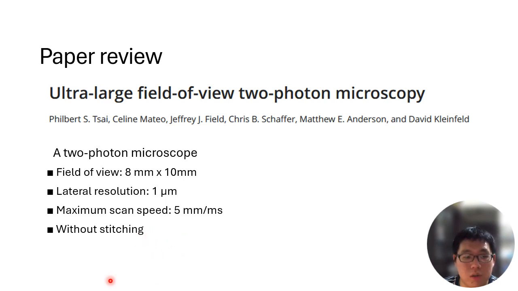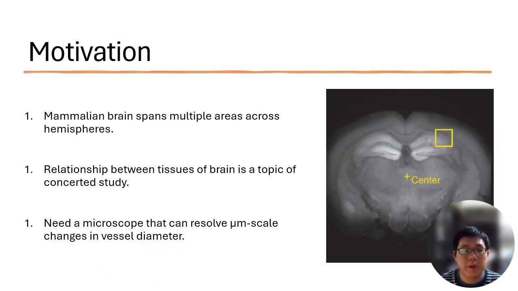to stitch. And the motivation: the mammalian brain has coordinated neural activities that span multiple areas within a hemisphere and functionally related areas across both hemispheres.